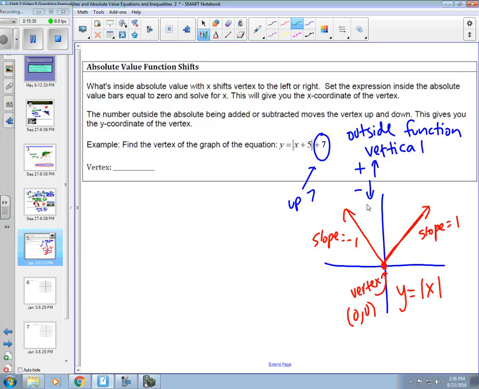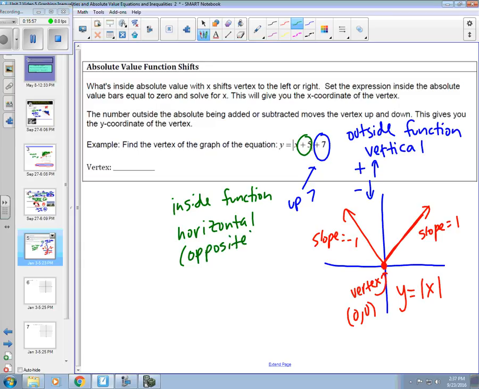Anything inside the function, like this plus 5, so when we're inside the function, or in this case inside the absolute value, that shifts it horizontally. Horizontally means left or right. Okay? When you're inside the function, though, it's always opposite of what would normally happen.